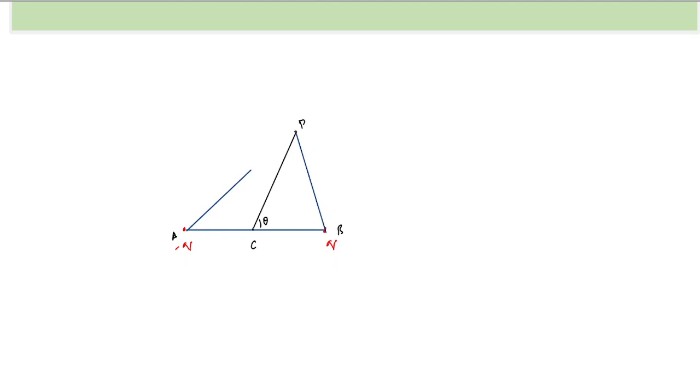So this distance is called R1. This is R2. This is the point C. The distance from C to B would be a, and from A to C would be again a only.